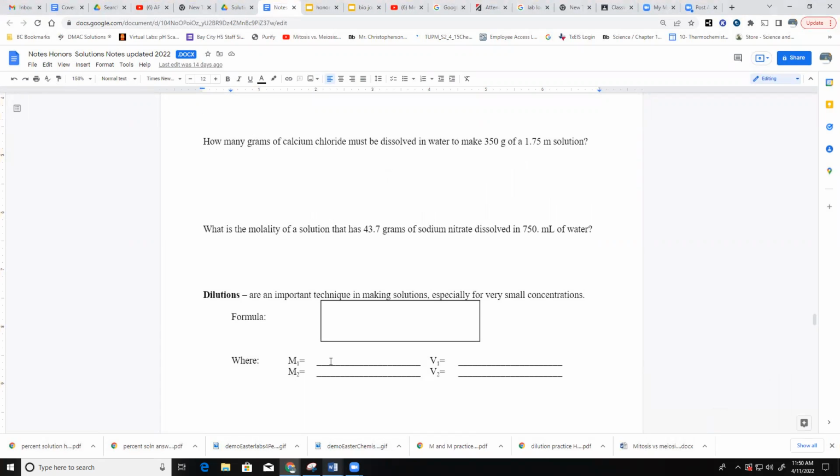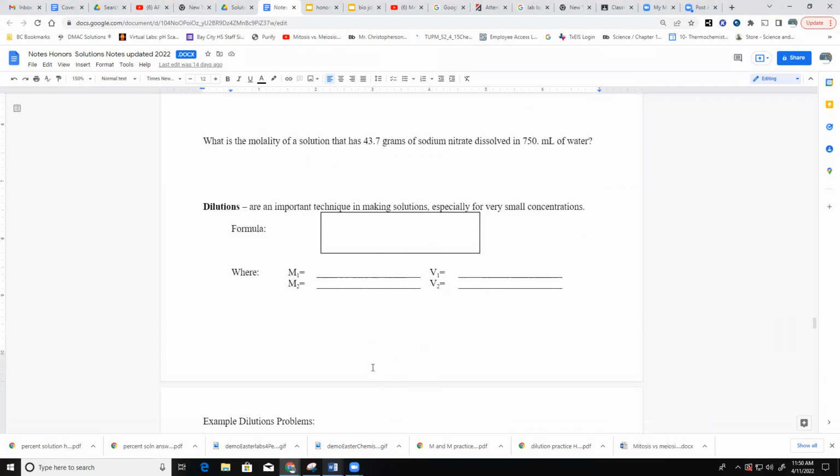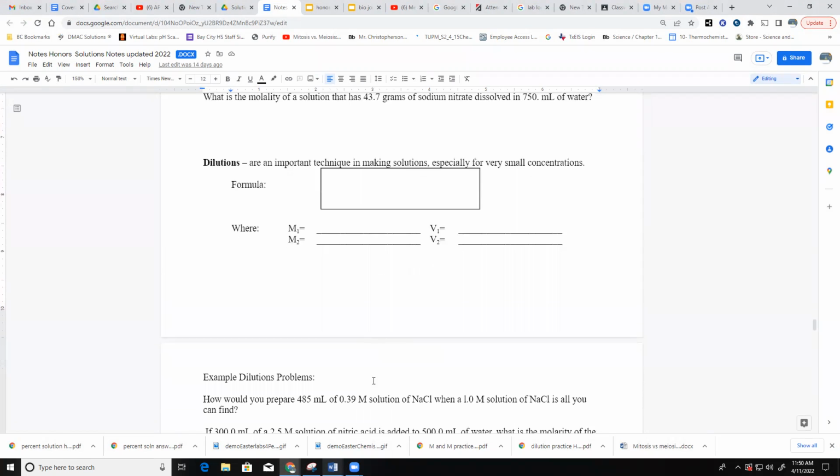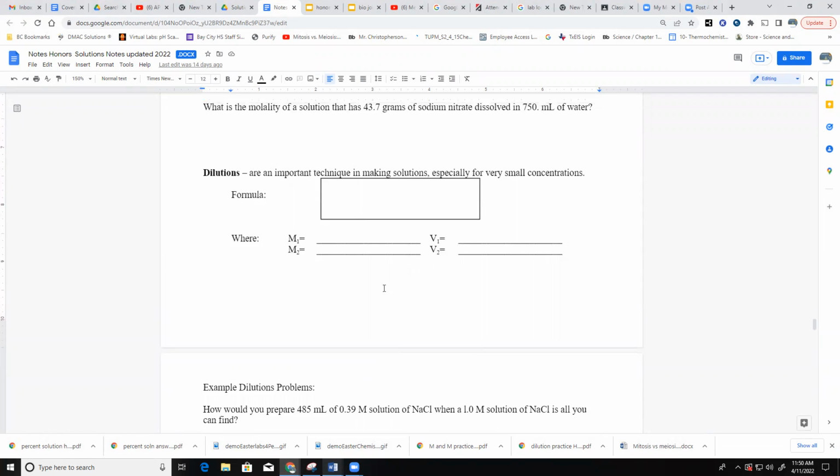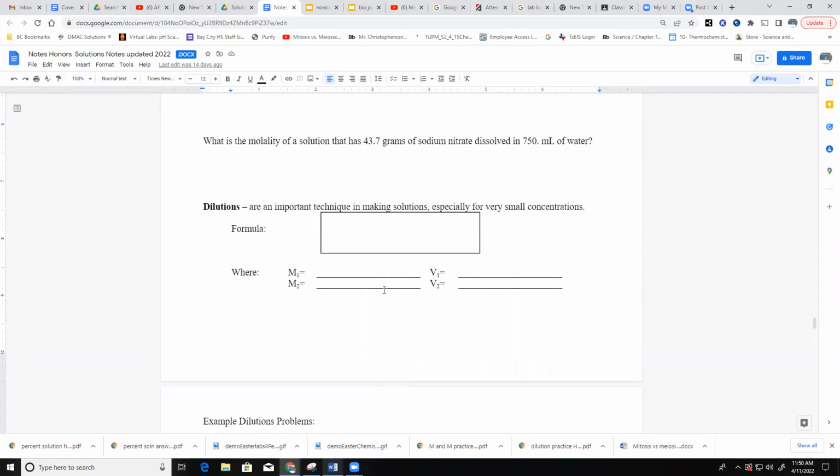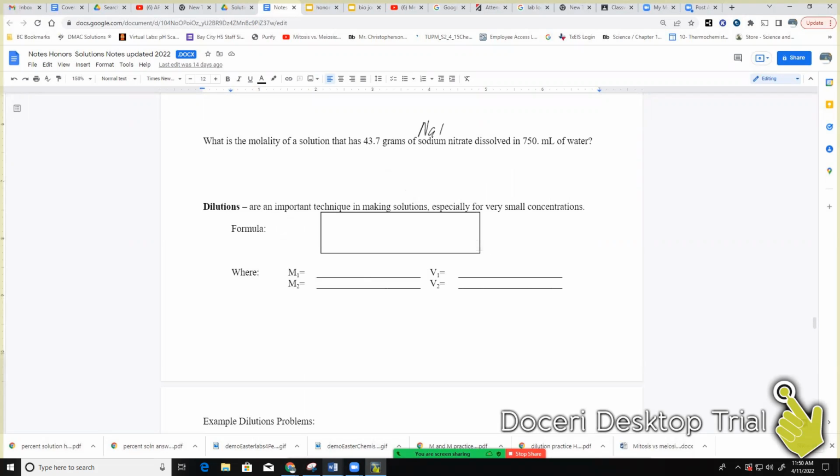All right, and the last one is just kind of showing you how easy if you are working with water. It says, what is the molality of a solution that has 43.7 grams of sodium phosphate dissolved in 750 mils of water?